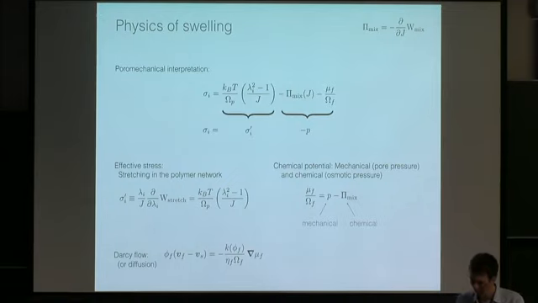I'm not sure you can actually write the diffusion equation in that way and relate the gradient in chemical potential to Darcy flux. I think you can. There's a paper titled something along the lines of Fick's law and Darcy's law are equivalent. Rich knows a lot more about it than I do. The question was whether you can think of Darcy's law and Fick's law as interchangeable, both being something times a gradient in chemical potential.